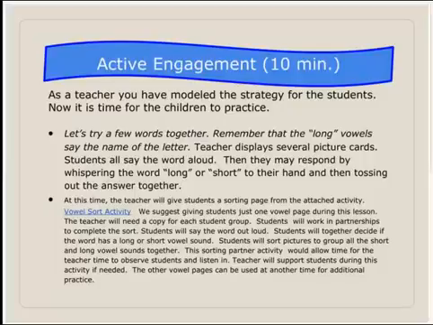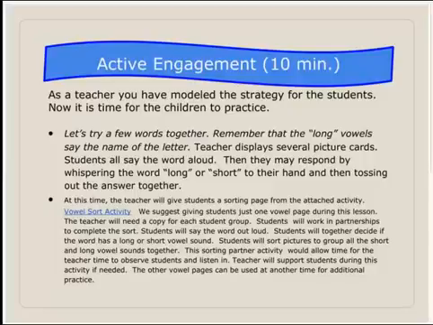At this time, the teacher will give the students a sorting page from the attached activity, Vowel Sort Activity. We suggest giving students just one vowel page during this lesson to complete the sort. The teacher will need a copy for each group. Students will work in partnerships. Students will say the word out loud.